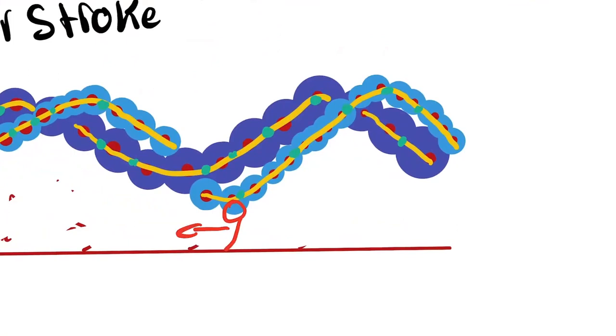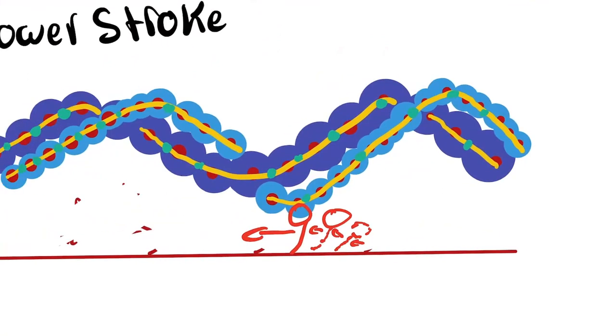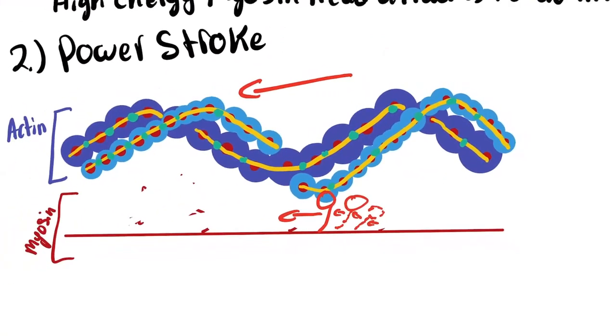So here, the actin, I'm sorry, the myosin is going to pull the actin filament this way.